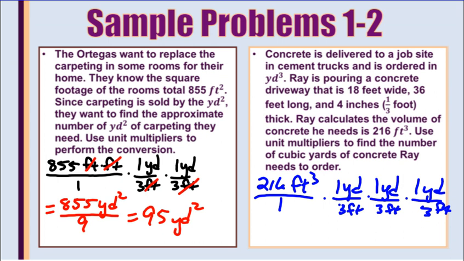Now our feet labels cancel off. I'm left with 216 cubic yards divided by 3 times 3 times 3, which is 27. So 216 divided by 27 will give us 8. So 8 cubic yards.